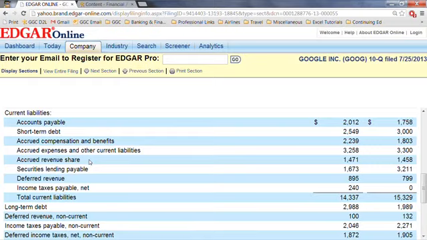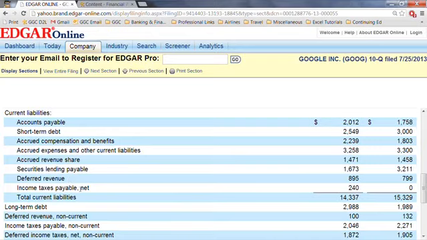Again, the accrued revenue share is essentially the result of some timing differences between the recognition of the expense and the remittance of the payment. Securities lending payable. That sounds like another sort of note payable kind of thing. Deferred revenue, we talked about that earlier. Deferred revenue or unearned revenue would be the same thing.